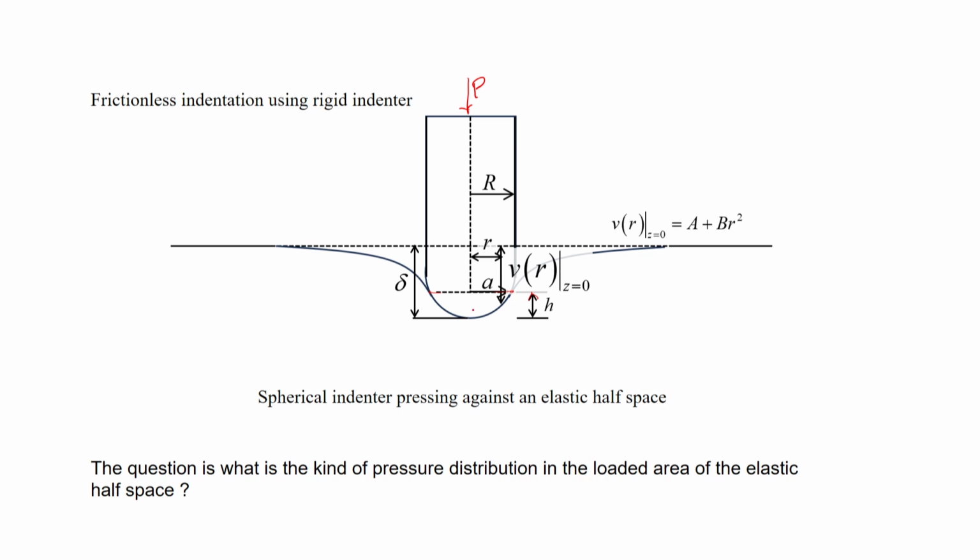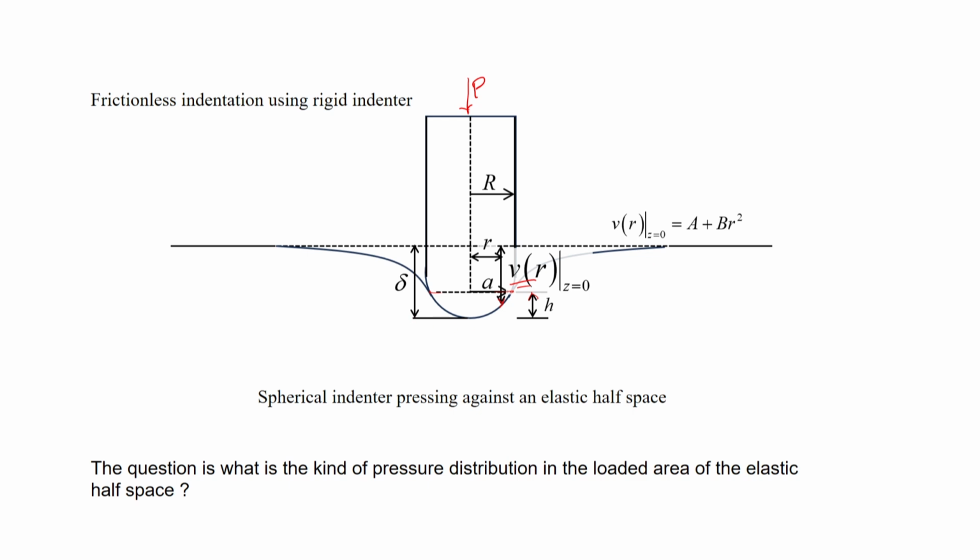Now, the vertical displacement of the surface of the elastic half space is V. So, V at any r at z = 0 defines the vertical deformation of the elastic half space. I can write it as A plus B r², where A and B we can find out. For example, the indenter has pressed the elastic half space by a distance delta.